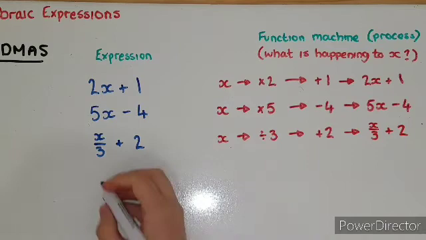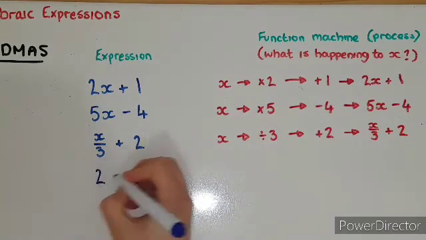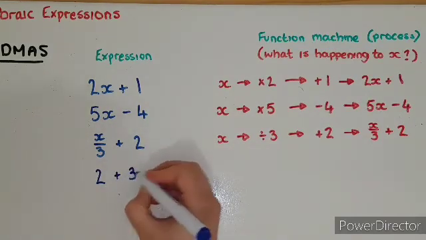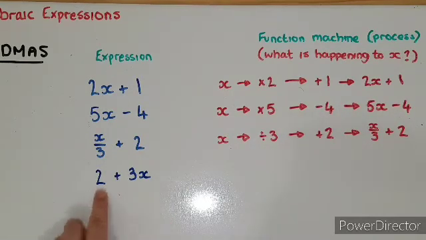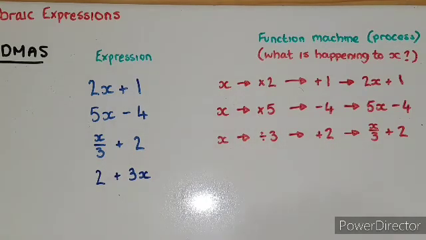Okay. And the last one I want to look at is something like, this is kind of more your extension type, you're really understanding what an expression is telling you. So in this case I've just changed the order of my expression. I don't have my x term first, I have my x term second. I just want to look at this and see, right, what is happening to x in this expression though?